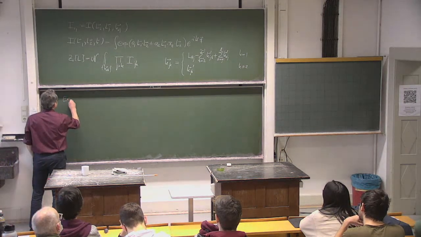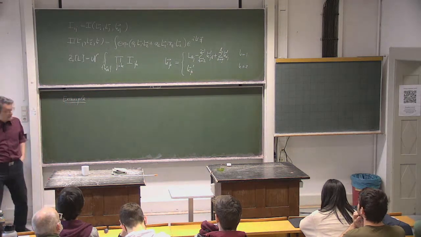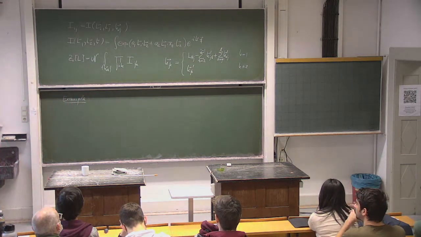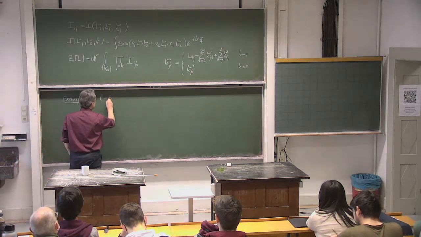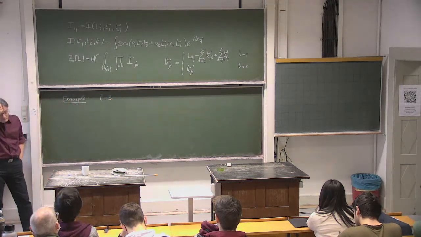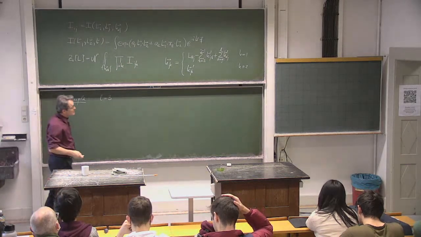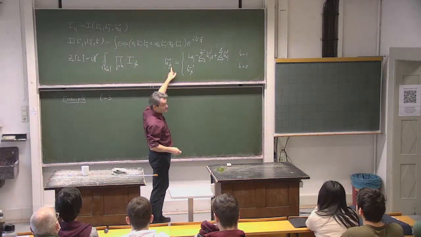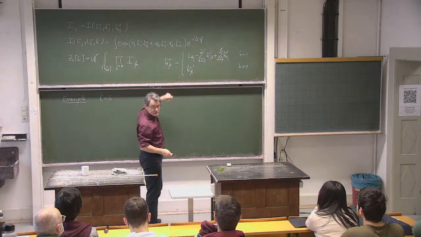So, to give an example for this rule, and in the lecture notes you find this in a bit more detail, let's say L equals 3. Then the indices run: k from 1 to 2, and j from 2 to 3.